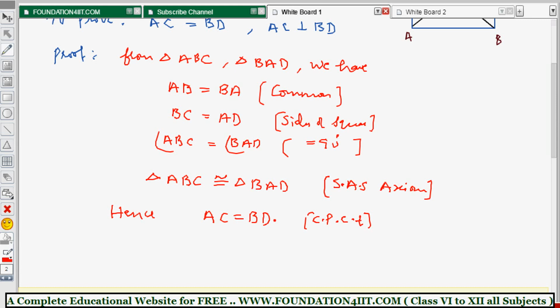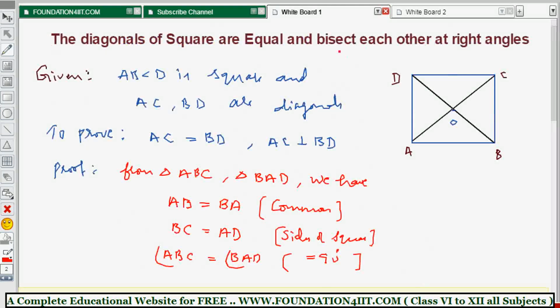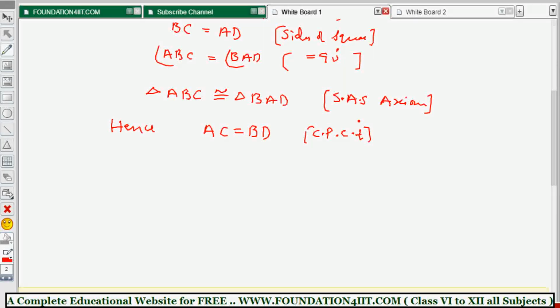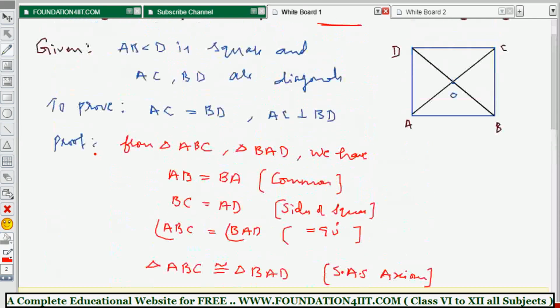And to prove they bisect each other, because every square is a type of parallelogram, right? So again, parallelogram diagonals bisect each other. Similarly, the diagonals of a square also bisect each other. That is a simple thing. And to prove they bisect each other at right angles, we should take two triangles.